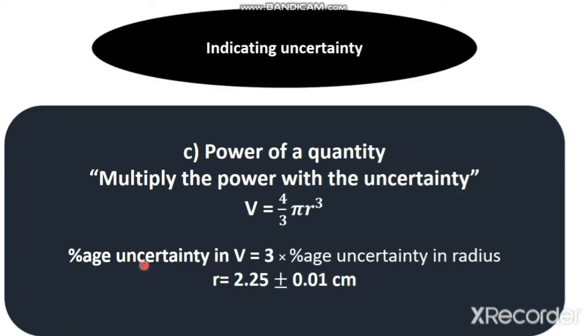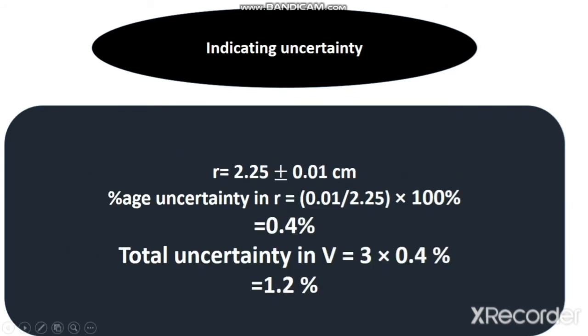So percentage uncertainty will be calculated as the power, that is 3, multiplied by percentage uncertainty in radius. So first we will calculate the percentage uncertainty in radius, and it is calculated as the least count divided by measured value multiplied by 100%, that is 0.01 divided by 2.25 multiplied by 100%, it is 0.4%.